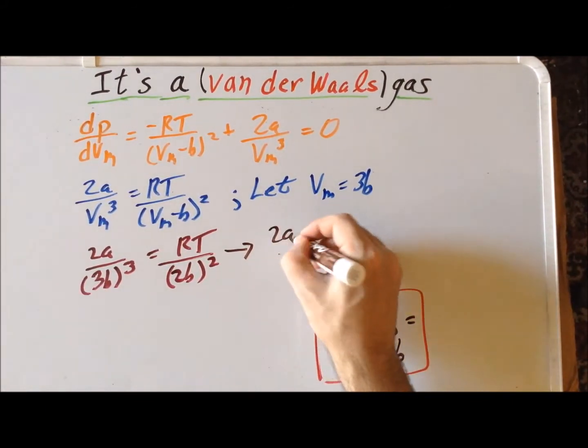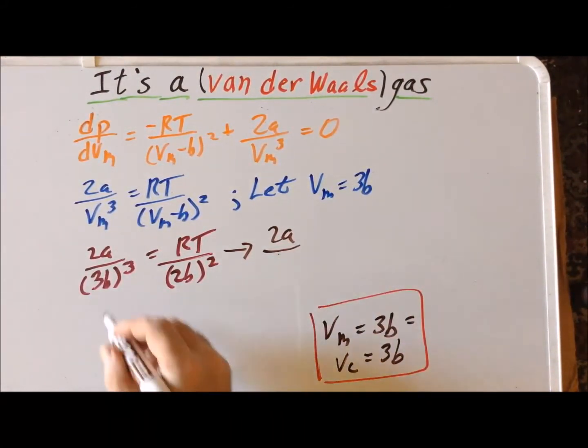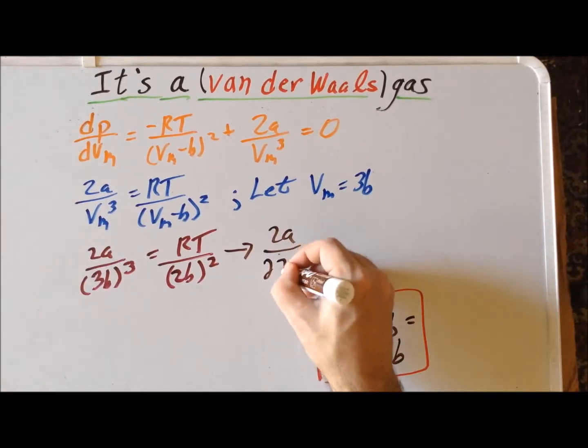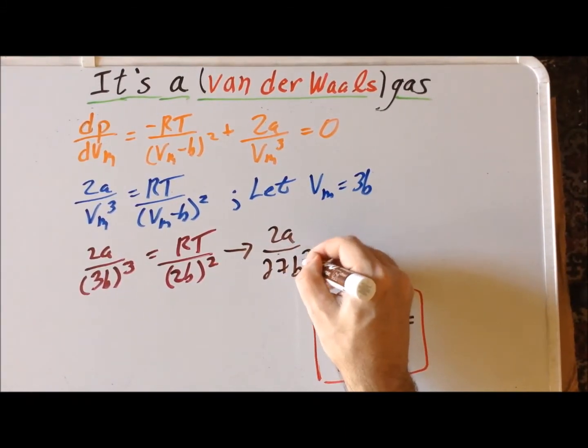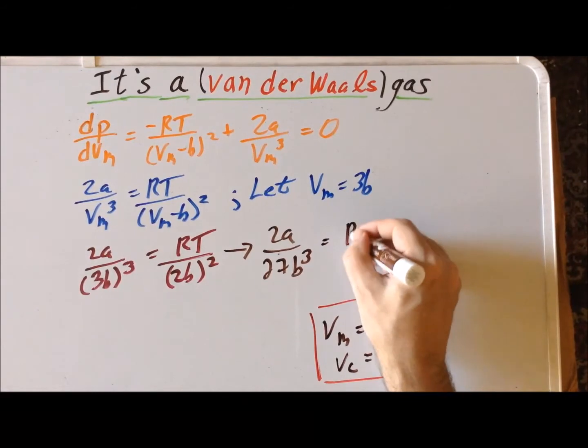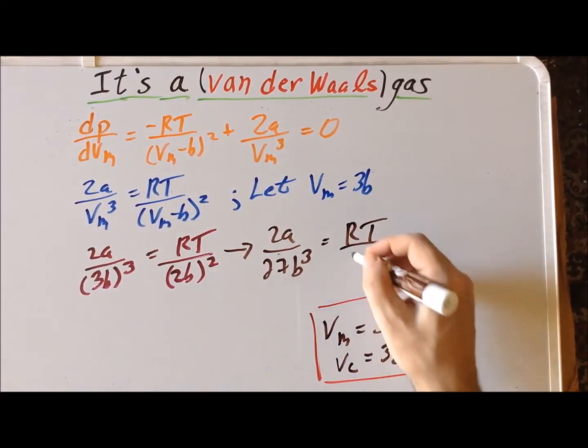Simplifying, we get that 2a divided by 3b cubed, which is 27b cubed, equals RT divided by 4b squared.